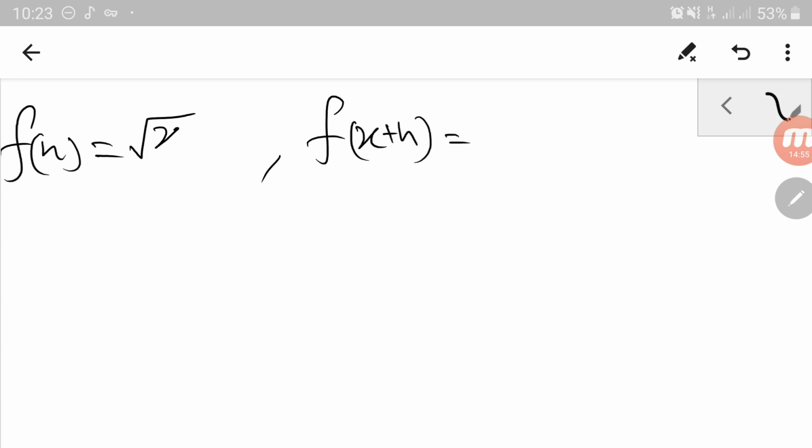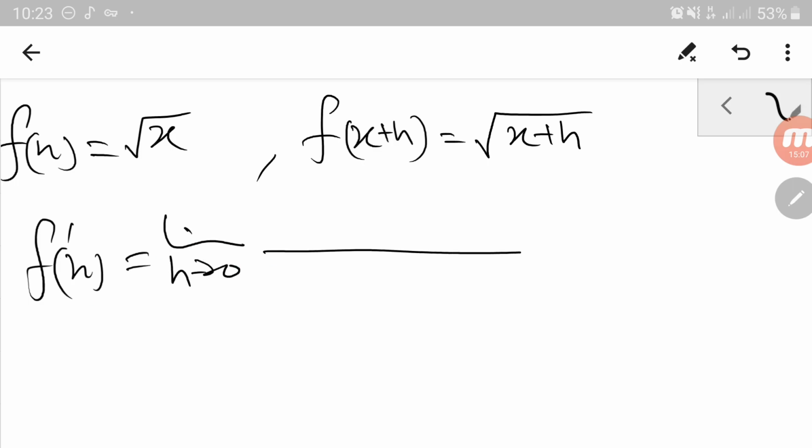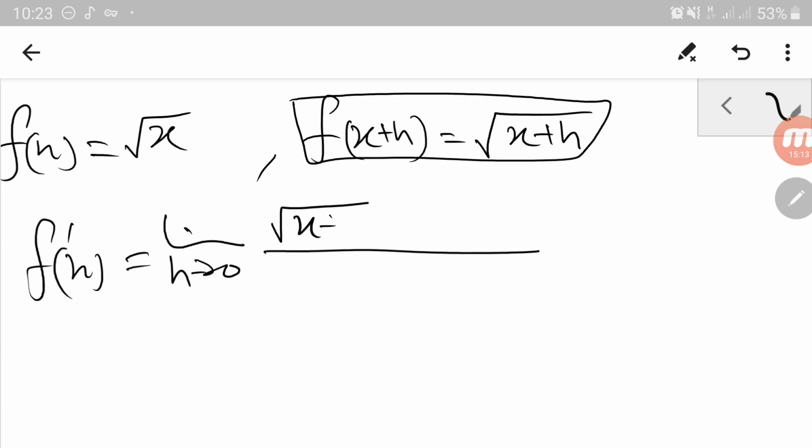Now from here the f prime is limit as h approaching 0 for the square root of x plus h minus square root of x, over h.